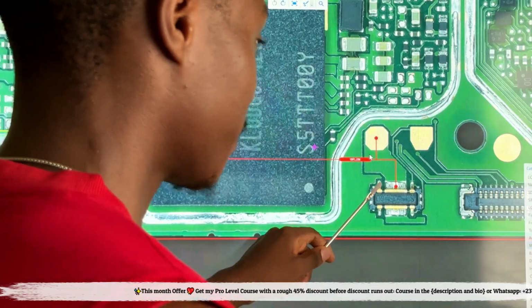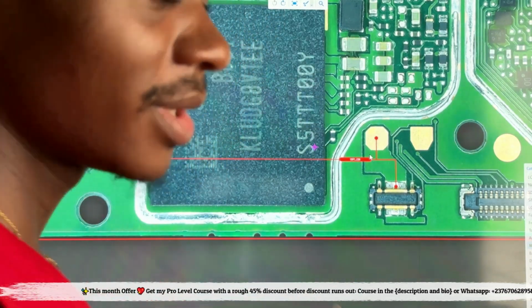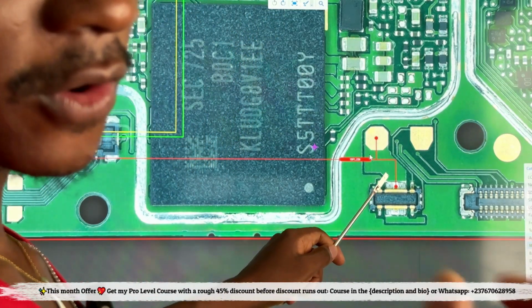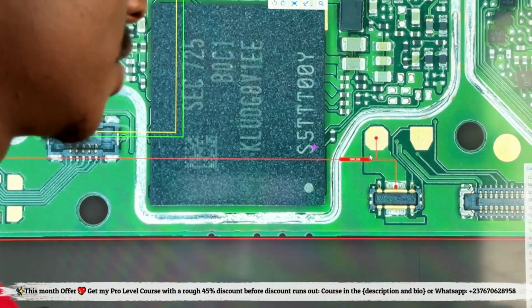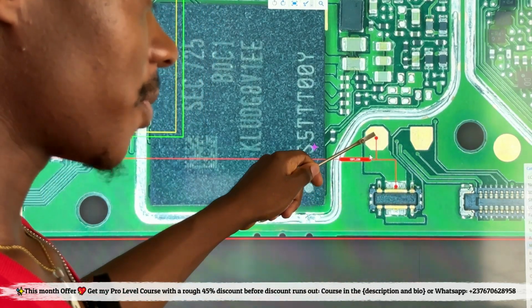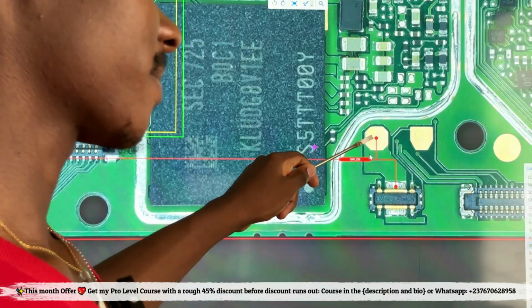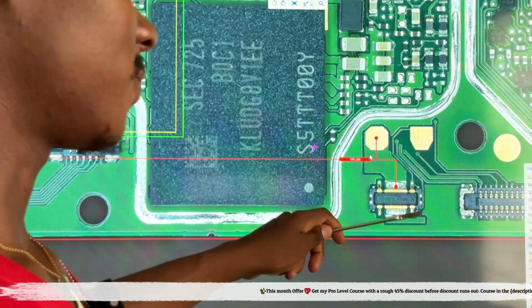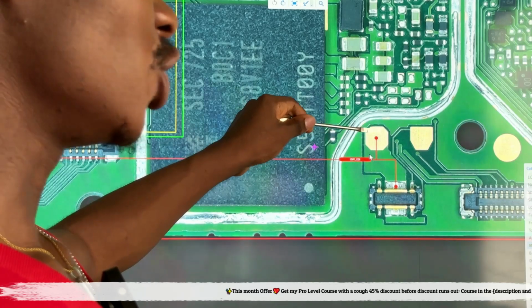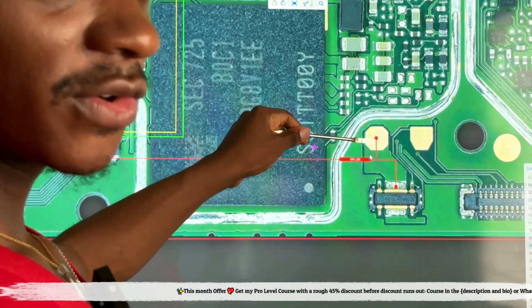From the battery connector, the VBAT voltage comes in from the battery when you connect the battery to the PCB. So in this jumper point here, this is the VBAT jumper point, which means that if you connect your battery to this mobile phone and test here, you will get 3.7 volts.